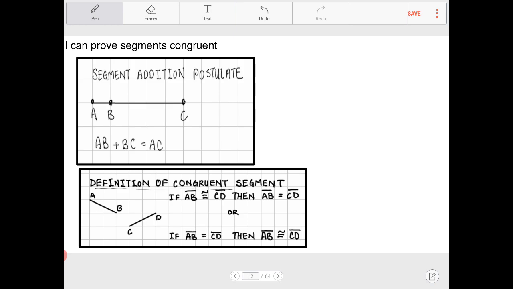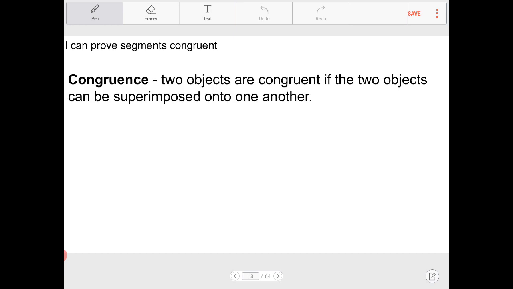And the difference is when we talk about equality, we're really talking about quantifying specific things about the two objects. Whereas congruence is saying everything about the two things is the same. Again, just to reiterate, two objects are congruent if the two objects can be superimposed onto one another.